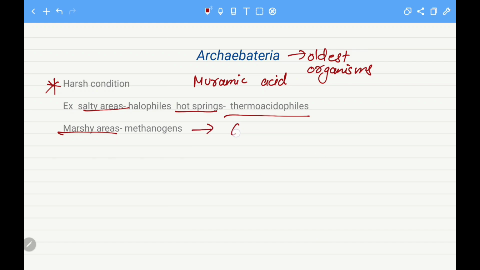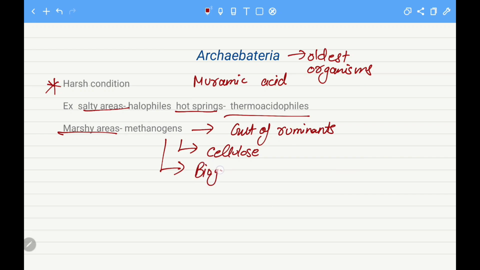Methanogens are the bacteria present in the gut of ruminants. Ruminants, for example, cows and buffaloes, have them in the gut, or you can say small intestine, because they help in the digestion of cellulose. They are also highly used for economic purposes because they help in the production of biogas.